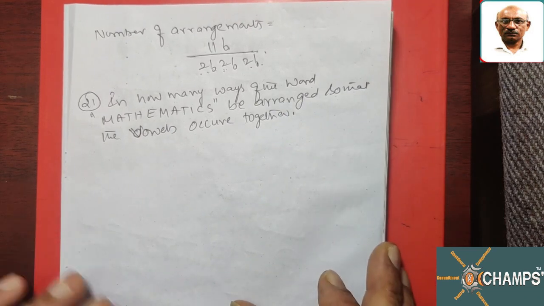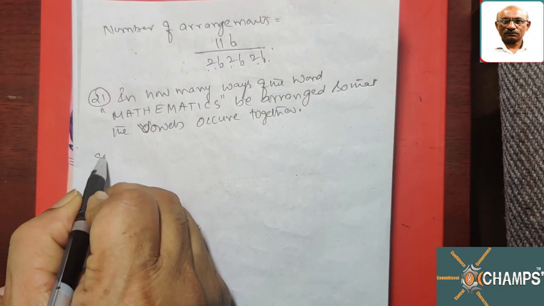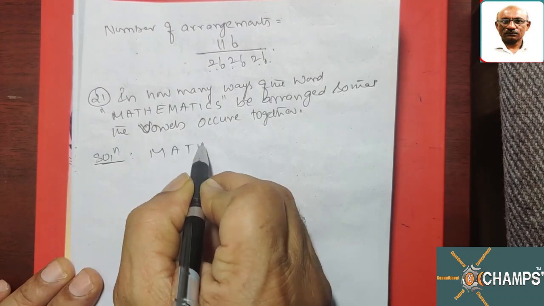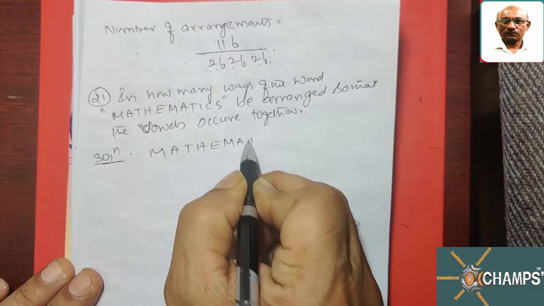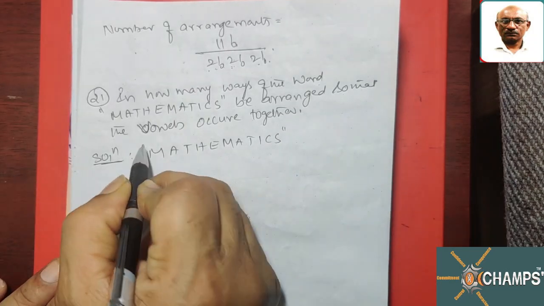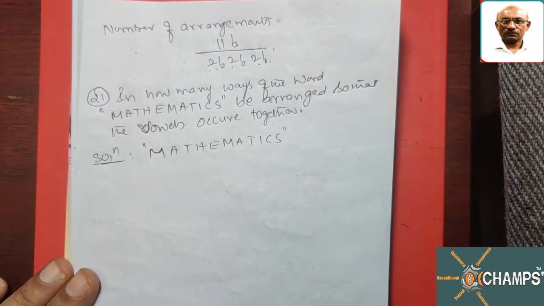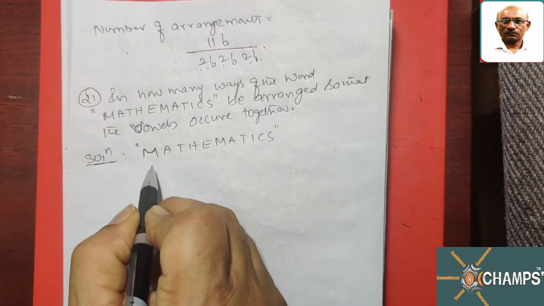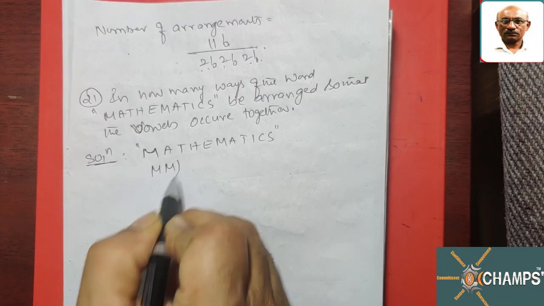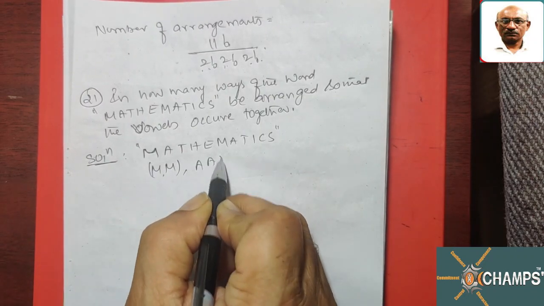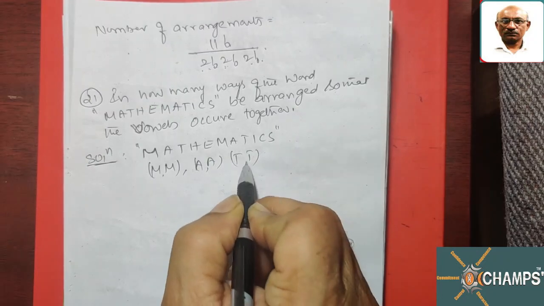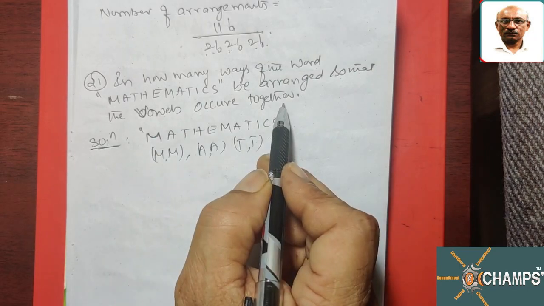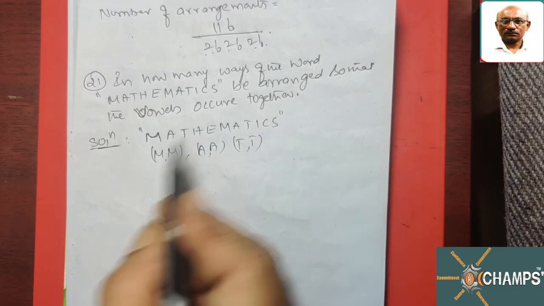This is my question. Now, mathematics is the word. In this, M is repeated 2 times, A is repeated 2 times, T is repeated 2 times. Now, what is the condition imposed? Vowels come together or vowels occur together.